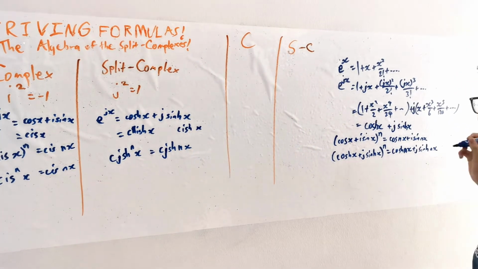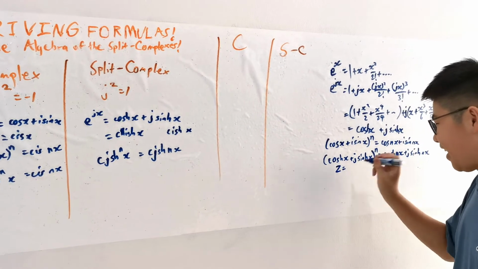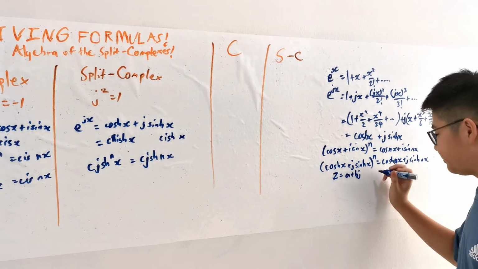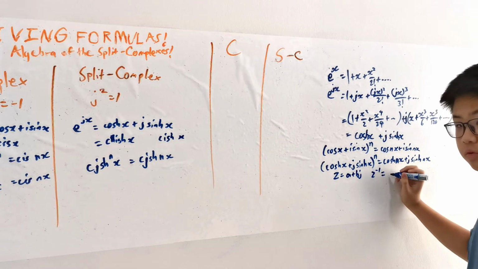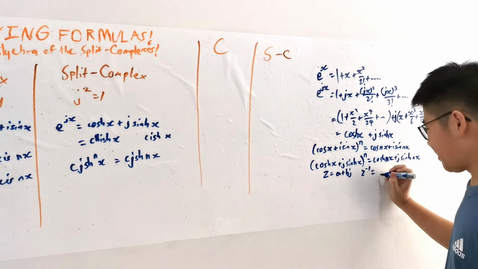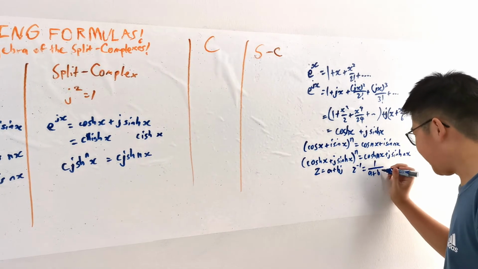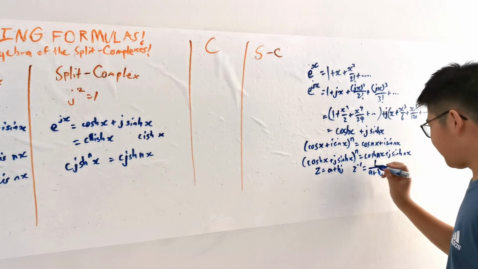And how about this? Let's call our j, actually z, forget it. z equals a plus bj. z to the power of -1 equals, wait for this, we're now going to do a reciprocal of a split complex number. Isn't it fun? Actually forget it.